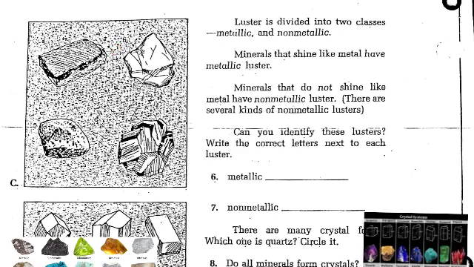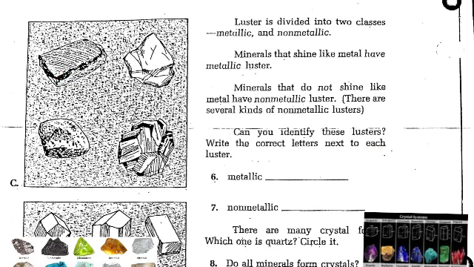This is A, this is B, this is C, and this is D. It says here, minerals that shine like metal have metallic luster, and minerals that do not shine like metal have non-metallic luster. And there are several kinds of non-metallic lusters. So can you identify these lusters? Write the correct letters next to each luster.